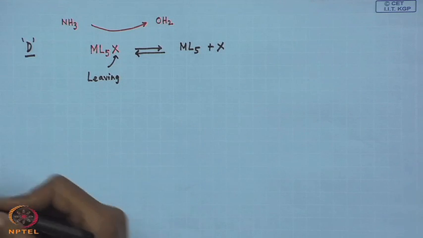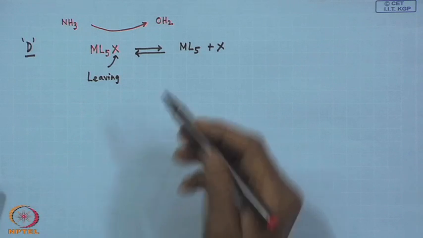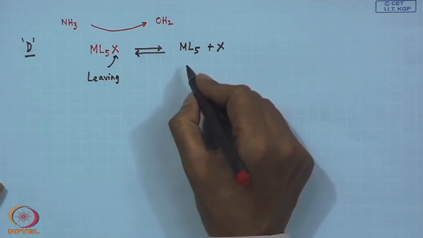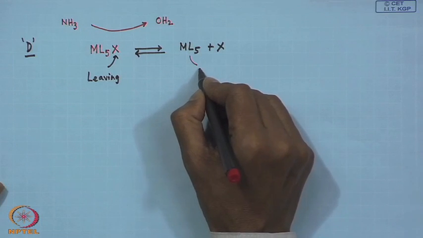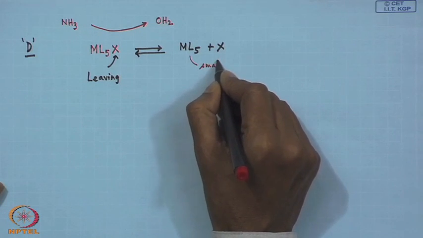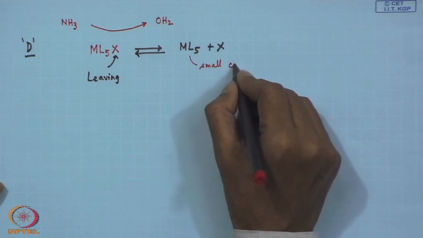So, we can have a very small concentration of it, which we can assume as a hypothesis for a steady state approximation, that this can have a very small concentration with the progress of the reaction.